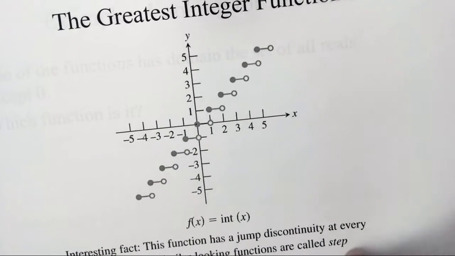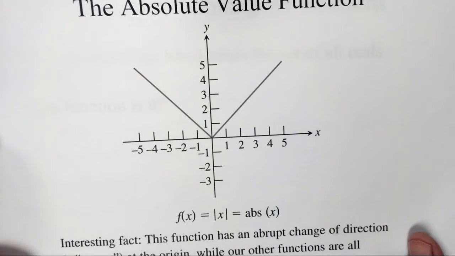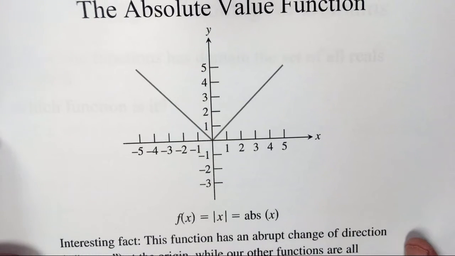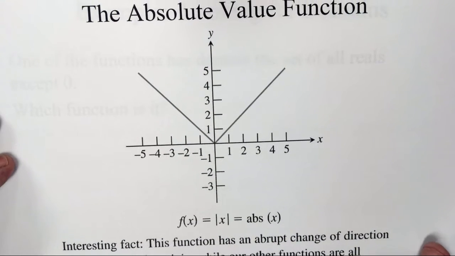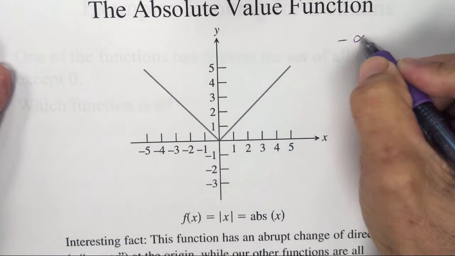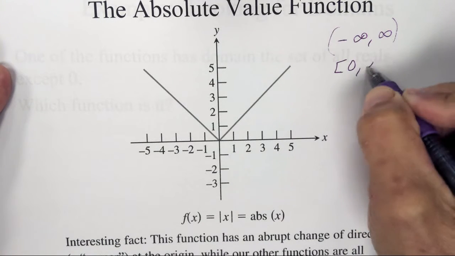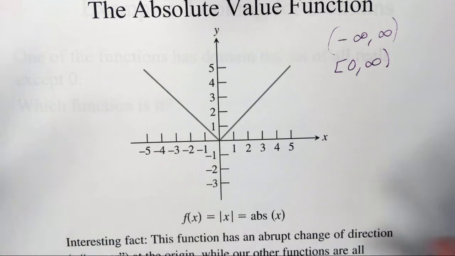All right, going back to something that hopefully is familiar, absolute value function. It's a what? V. What's the domain? What's the range? And this one works a lot like x squared.